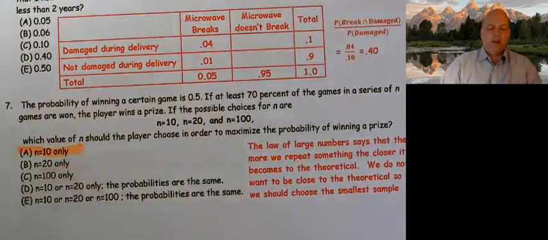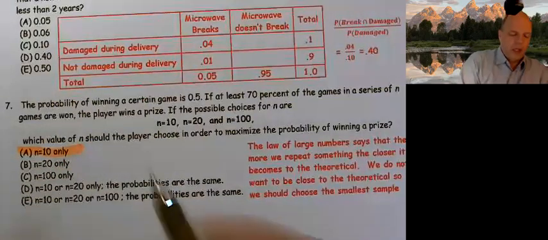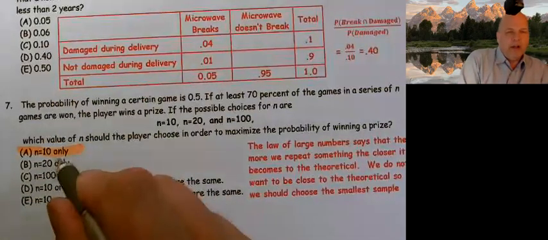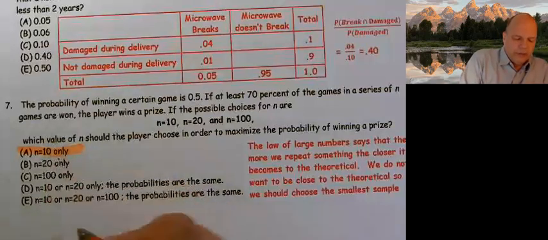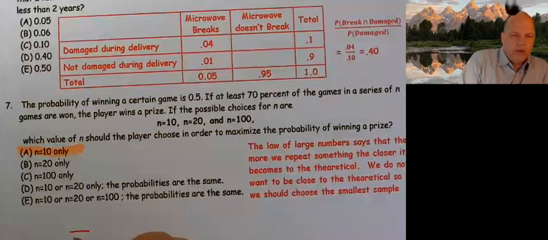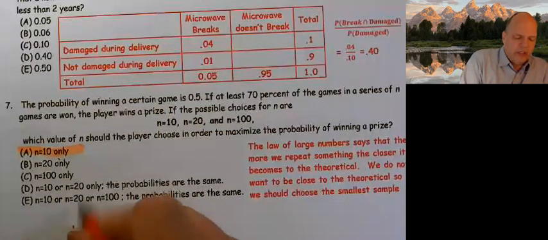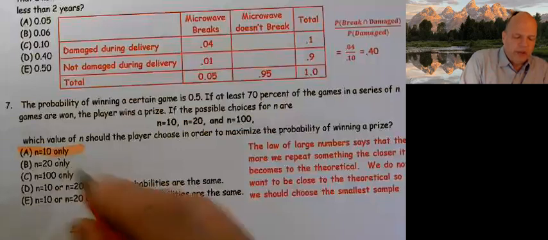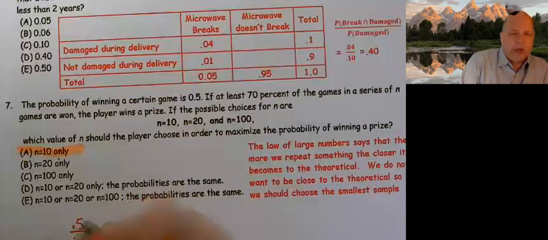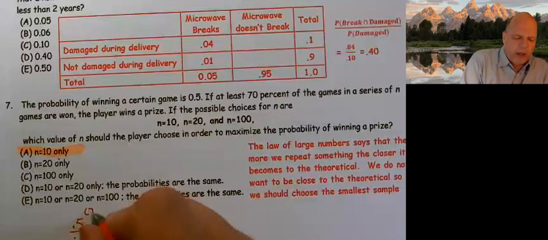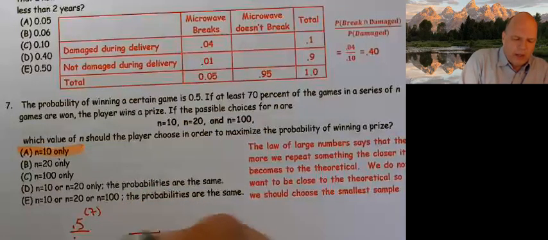And if you don't believe me, let's try this out. The probability of flipping heads, if we do this thing 10 times, I need to get 70%. 70% of 10 would be 7. So 0.5, that's my probability, to the 7th power. Would I rather have that, or would I rather have 0.5 to the 14th?